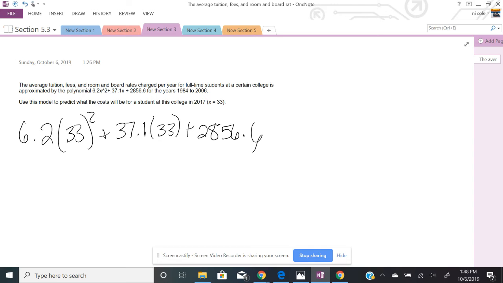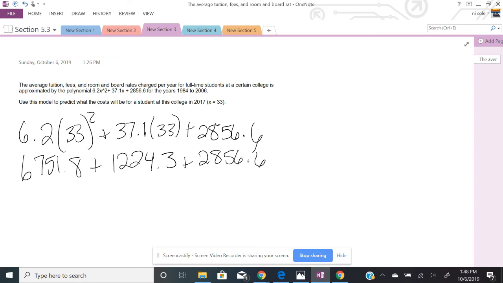33 squared. All right, so this first bit is 6,751.8 plus 1,224.3 plus 2856.6.